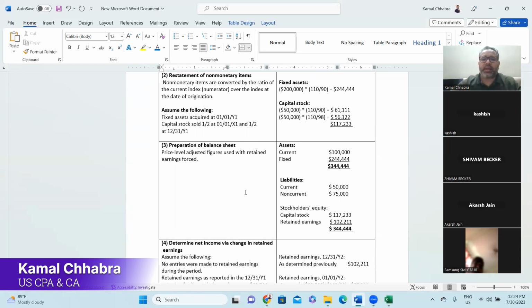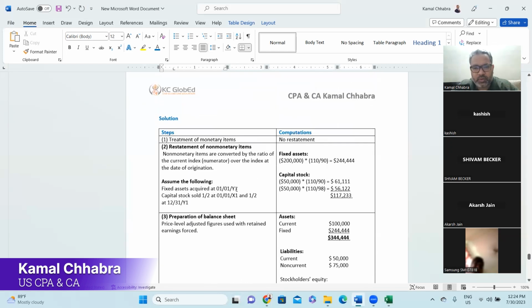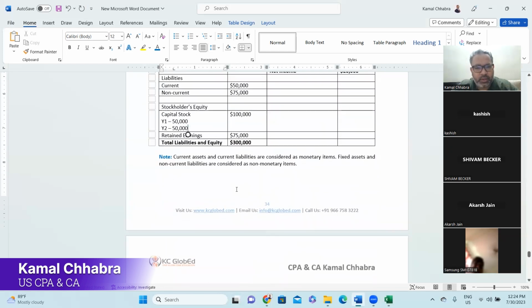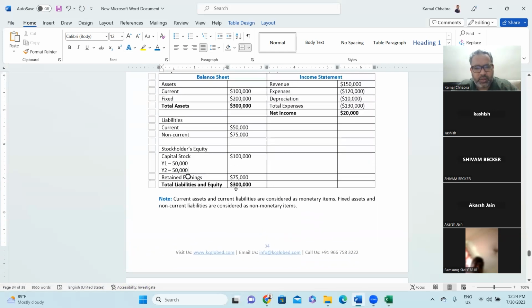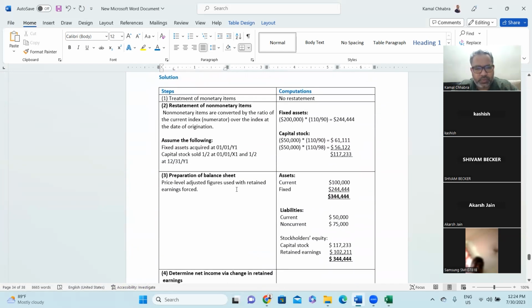Their total assets are 344,444, right? And your current liability is the same at 50,000. Non-current liability is 75,000. That should also have been adjusted. So this non-current liability also needs to be adjusted.